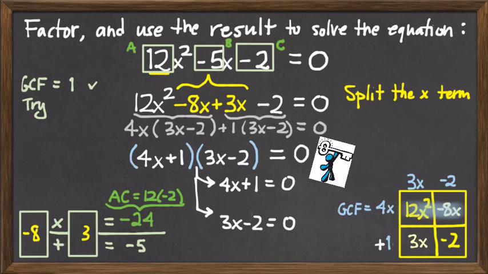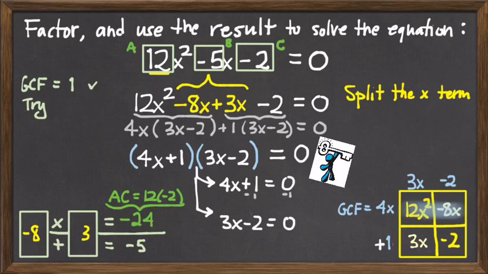Now I have to solve each one of those equations. How do I solve 4x plus 1 equals 0? It'd be a two-step process. Yep, subtract 1 from each side, which is going to give me 4x is equal to negative 1.